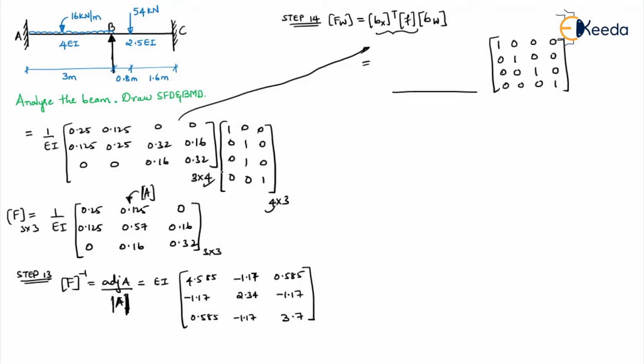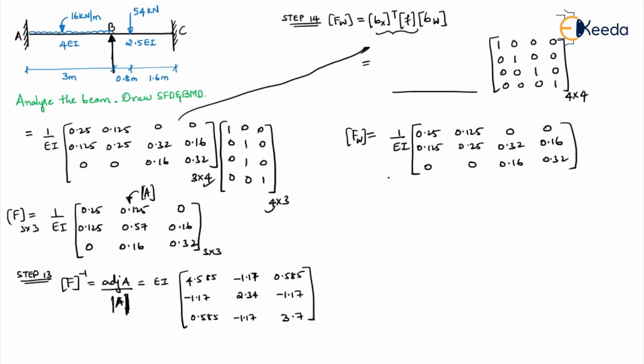Okay, so this is a 3 into 4 matrix, this is a 4 into 4 matrix, so you will get a 3 into 4 matrix. Since it's an identity matrix, whatever is there here will remain the same, right? So this is your FW. So 0.25, 0, 0.125, 0, 0, 0, 0.125, 0, 0.25, 0, 0.32, 0, 0.16, 0, 0, 0.16 and 0.32. Understood?